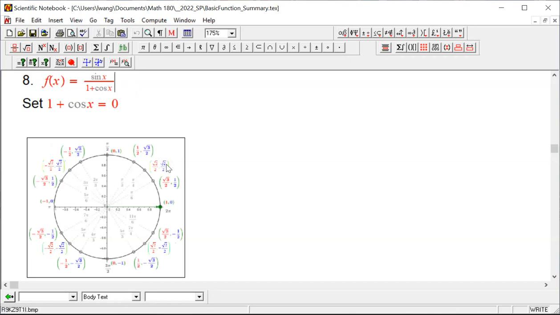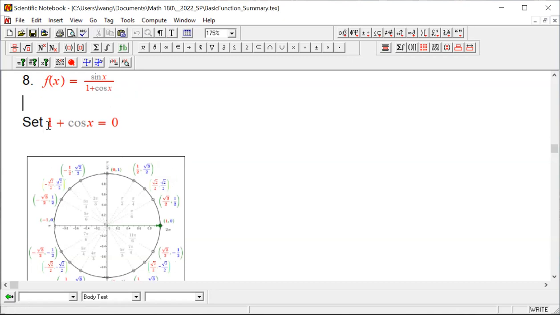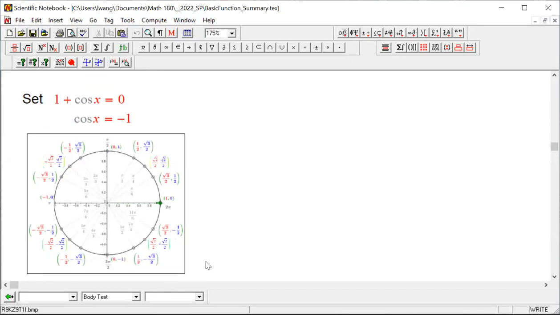So let's see what we get. If 1 plus cosine x is 0, that means cosine x equals -1. When will cosine x equal -1? When will that happen? The red number here is +1.